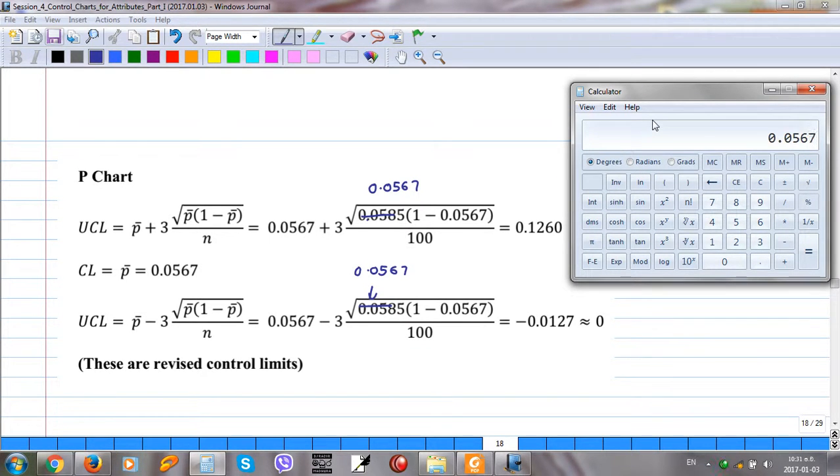0.0567 plus 3 times another one, 0.0567 multiplied by, the square root is also taken, right?